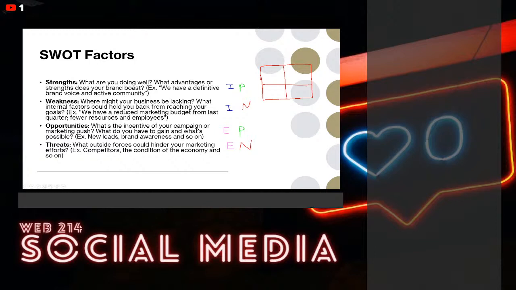Our threats and weaknesses are related as our opportunities and threats are related, just in slightly different ways, right? And so as we're thinking about all of this, we want to think about what these things are and how they might impact our efforts and how they might impact our audience. Right, so that's our SWOT factors.